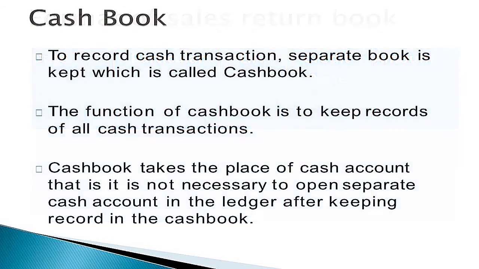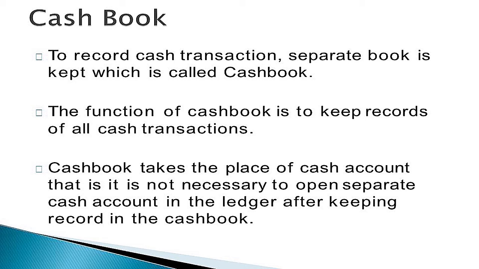Then coming to the cash book, very important. Cash book is to record the cash transactions. Separate book is kept, which is called a cash book. You find in some organizations, you can physically verify a bound volume with the columns. Bank and cash columns are there. Usually they will maintain this cash book.